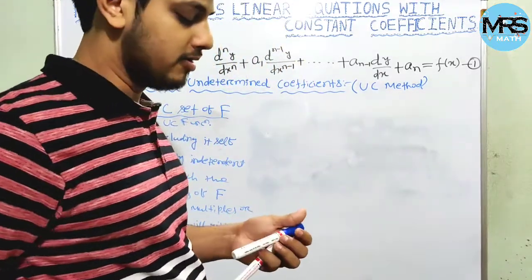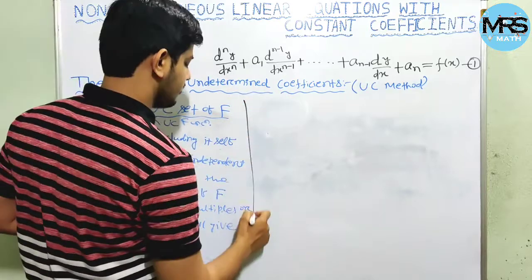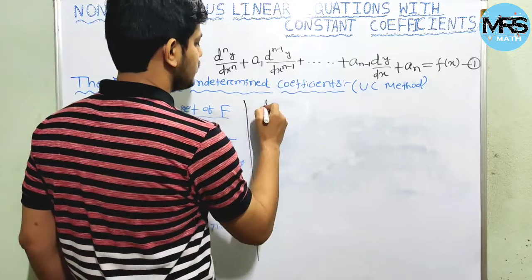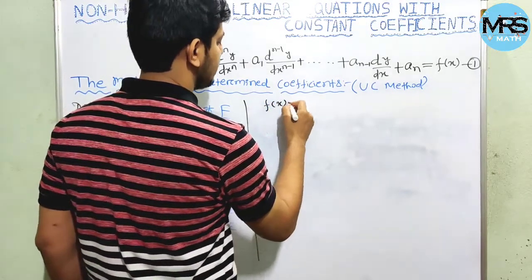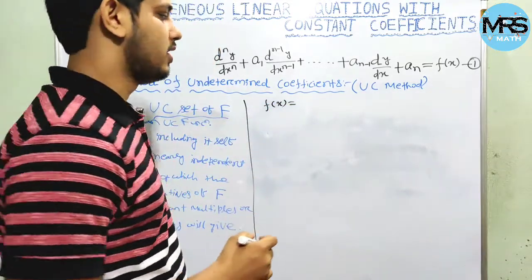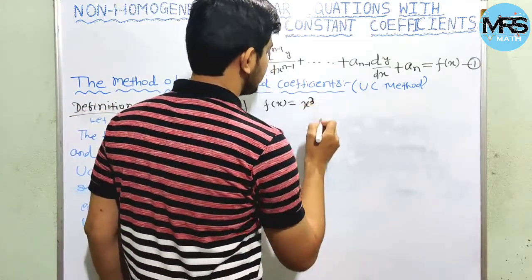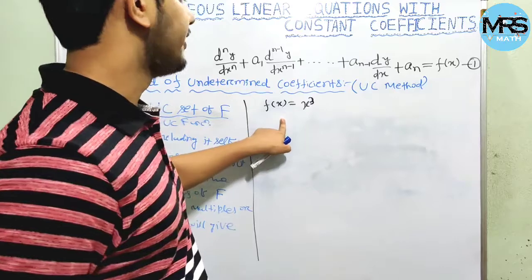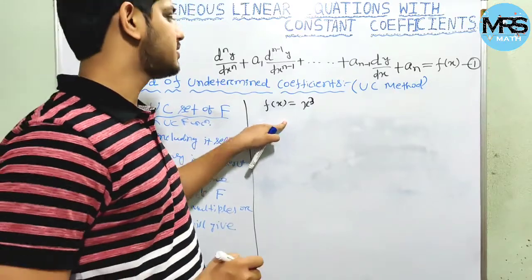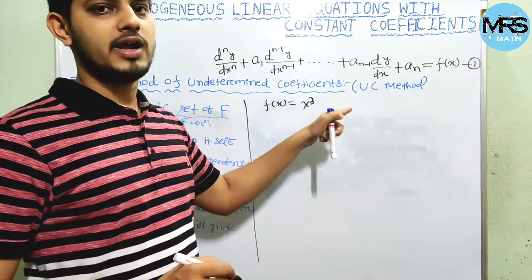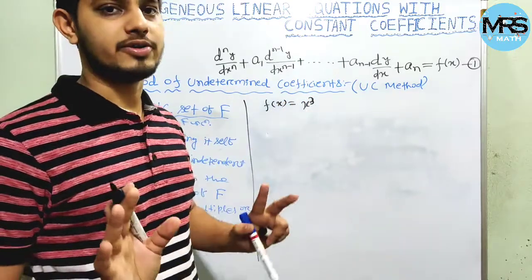Now I will take an example to find the UC set of f. Consider the undetermined coefficient function x cube. Obviously this is an undetermined coefficient function because it is in the form of x to the power n, where n is a positive integer not equal to 0.